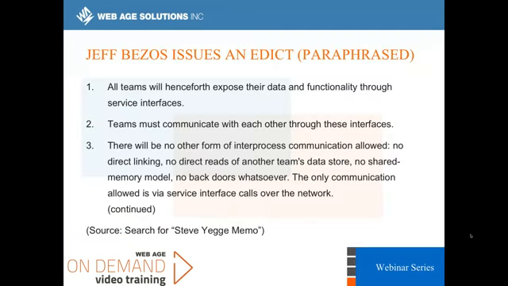So there is a famous, among technologists, memo written by a guy named Steve Yegge, and you can Google the Steve Yegge memo. This came out in 2011. Steve Yegge was a Googler, and Steve in 2011 put out this memo that basically said, Amazon is a company that does almost everything wrong. Google is a company that does almost everything right.